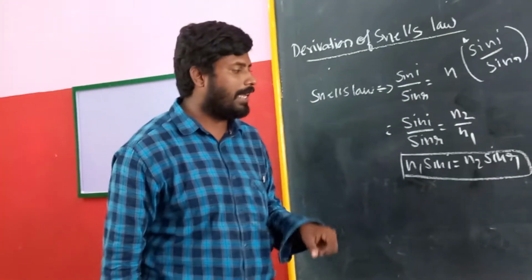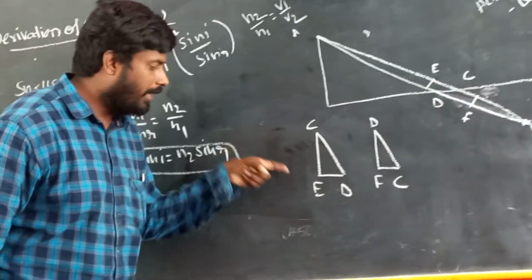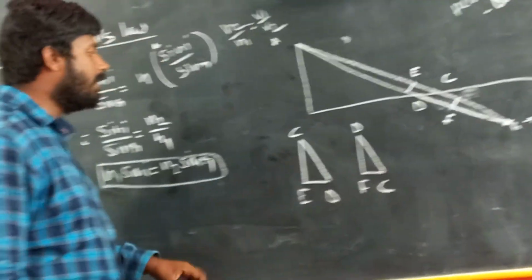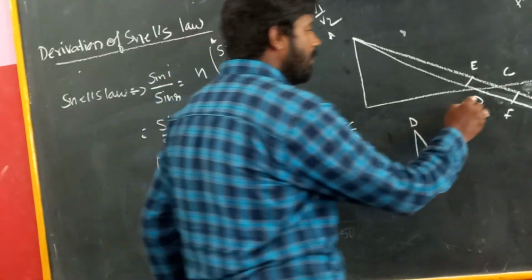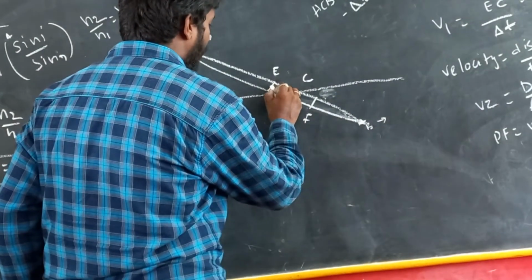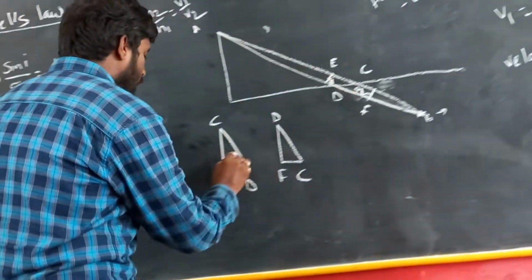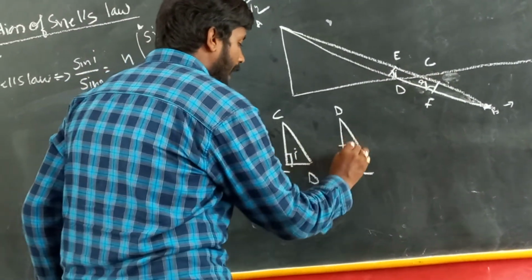Here we have two right angle triangles, one is CED and another one is DFC. Here the angle is I, and here the angle is R.